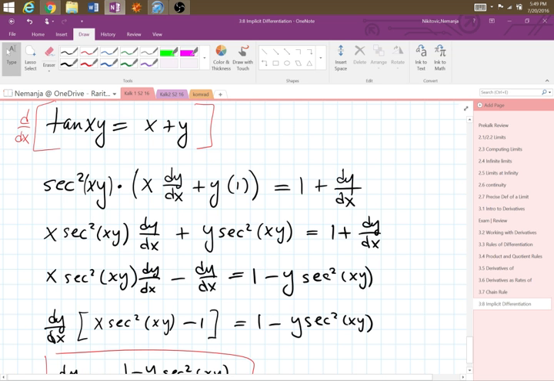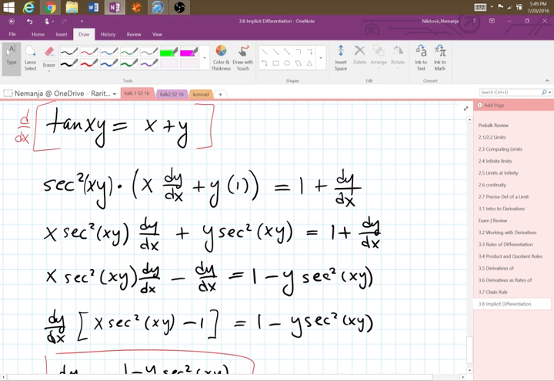So the derivative of tangent is secant squared of the same argument, multiplied by, as a chain rule, the derivative of this. Copy the first one. Derivative of the second one is 1 times dy dx, plus copy the second one times derivative of the first, which is 1. Equal to derivative of x is 1, derivative of y again is 1 times dy dx.